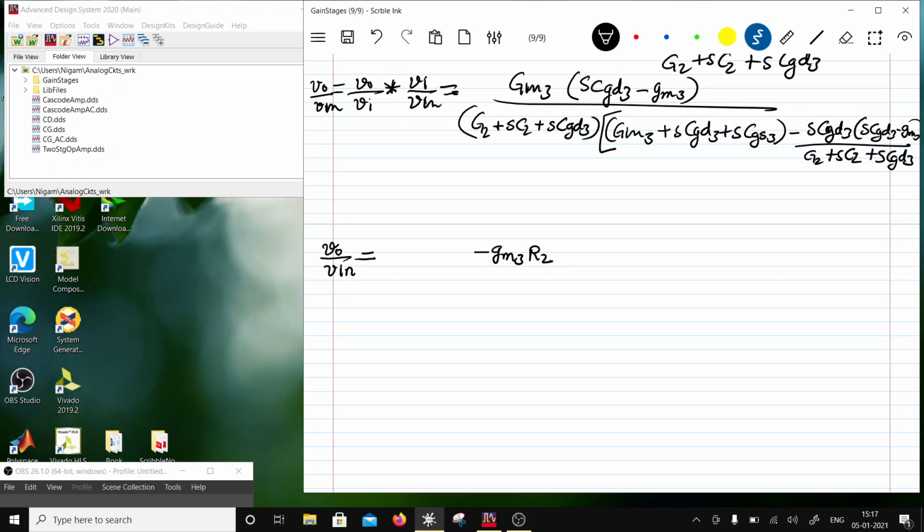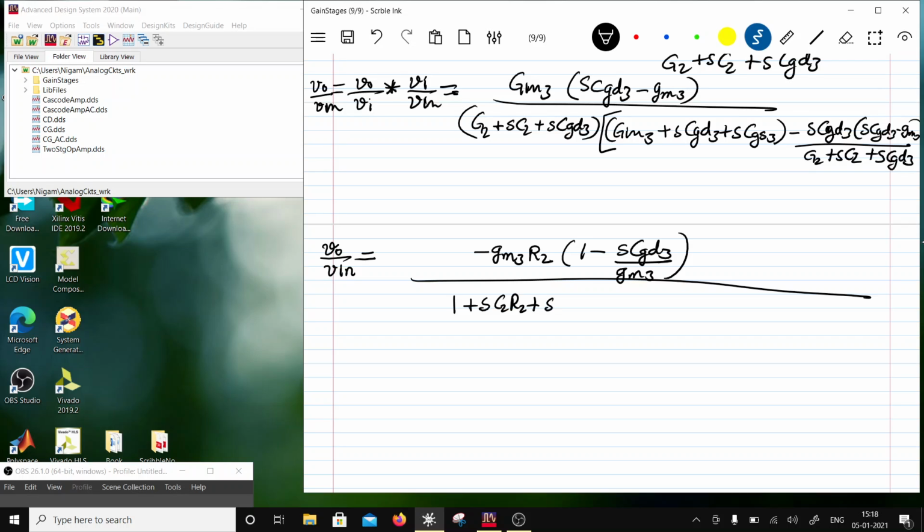So then G2 term will go away, right, times of GM is common, right, so it will be 1 minus SCGD3 by GM3, and this denominator is multiplied by R2, right, and then so this will be C2R2 and this will be CGD3R2, right, so it will be 1 plus SC2R2 plus SCGD3R2.